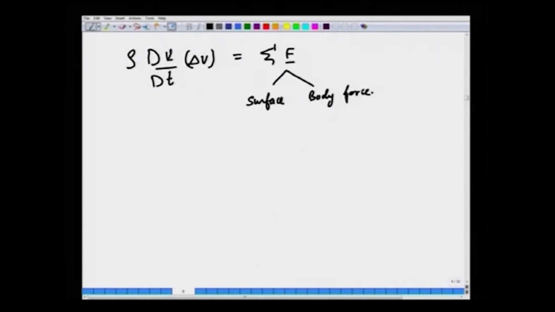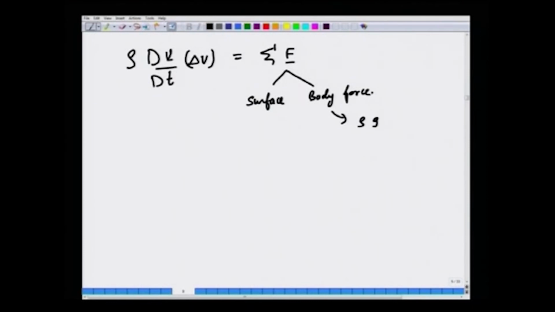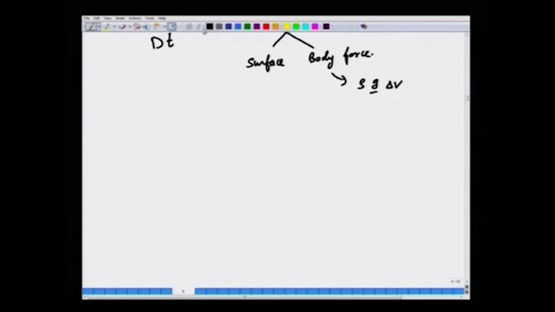The surface forces were written in terms of the stress tensor, and the body force in our case is generally due to gravity, which is simply written as rho g delta V. And then by doing a differential balance about a cubic volume element, we came up with the following three relations for the x, y and z momentum.